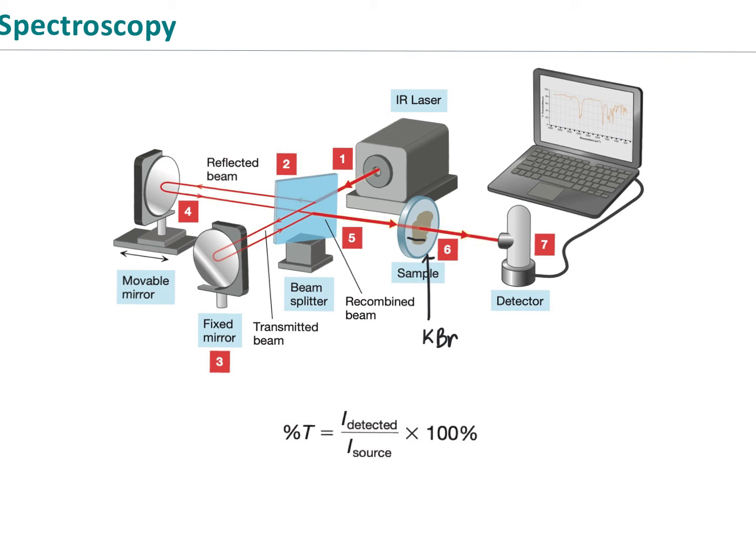And a computer will determine the intensity at each wavelength of radiation, which is the I detected here, and it compares it to the laser source, which is here, okay? So measuring these two gives us our percent transmittance, which is times 100% here.